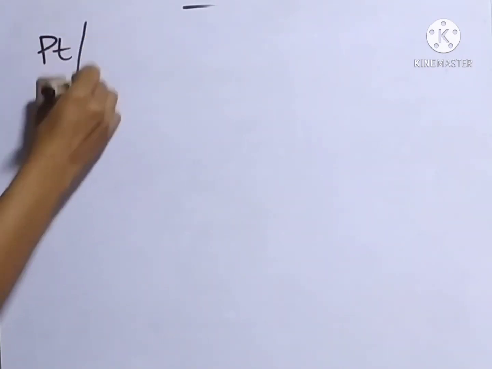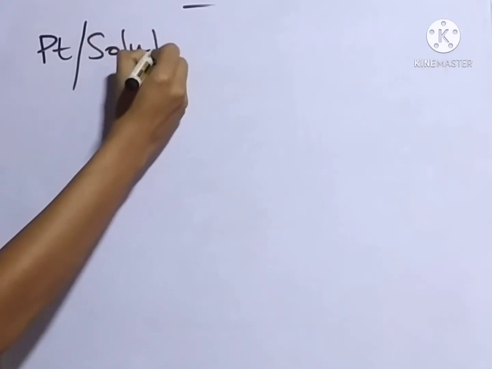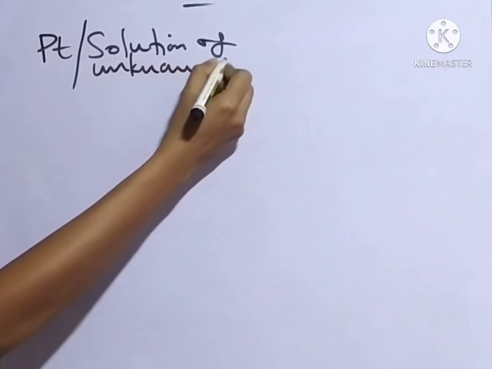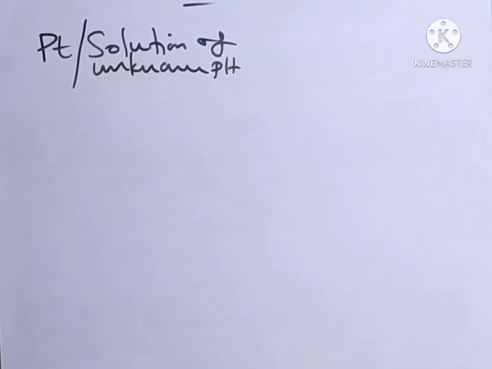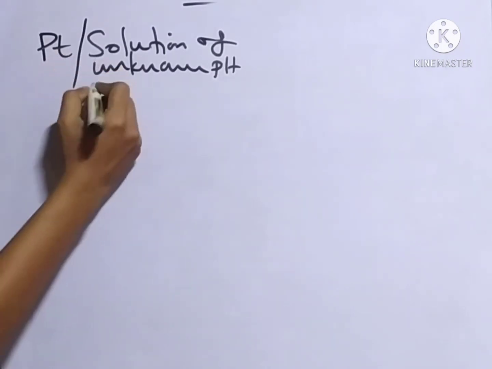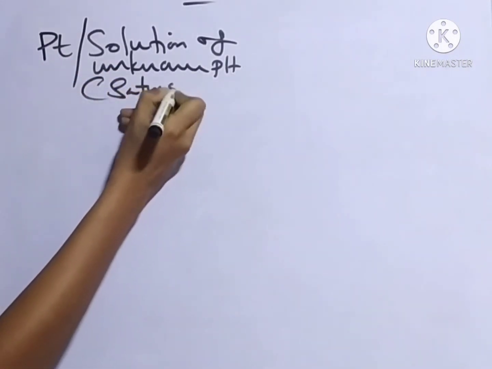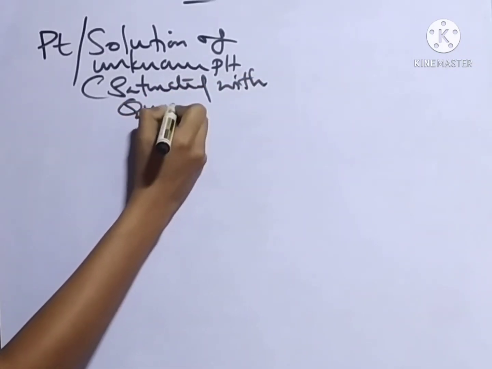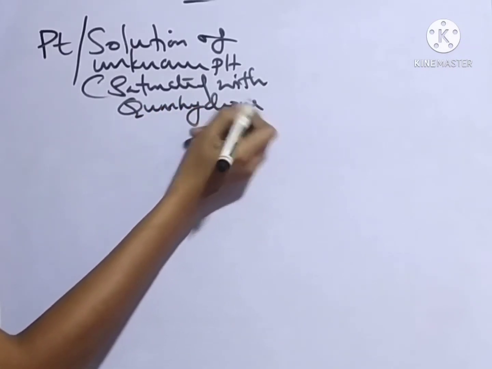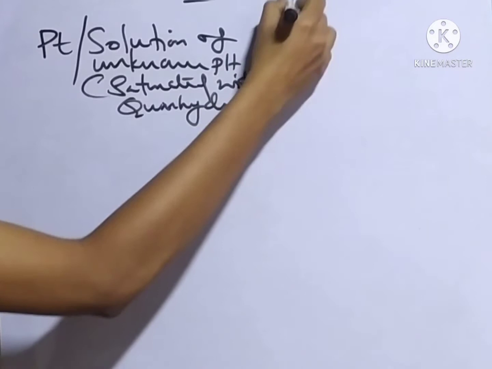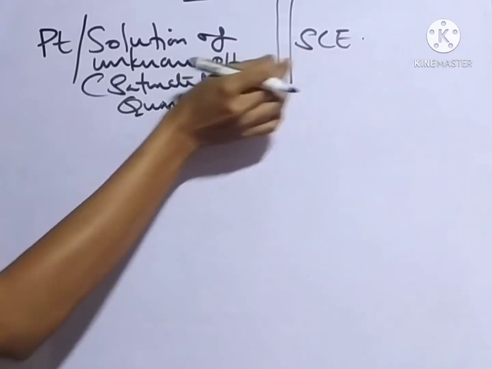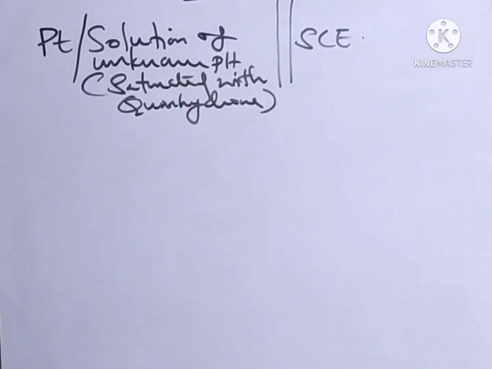The cell can be represented like this: platinum, solution of unknown pH saturated with quinhydrone electrode, and it is paired with a reference electrode. Here I am using the standard calomel electrode.